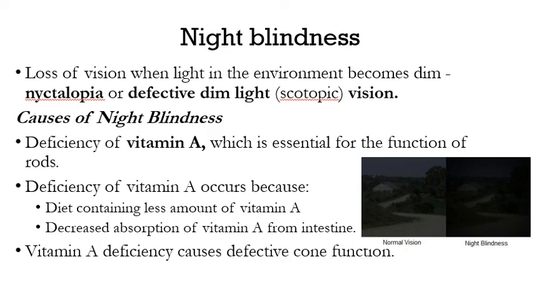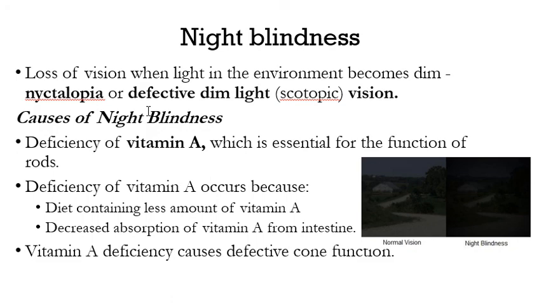Another component I'd like to talk about before I call it a day is night blindness. You will notice that there's a loss of vision when light in the environment becomes dim, and for some people this is extreme. So it's known as nyctalopia. All right.